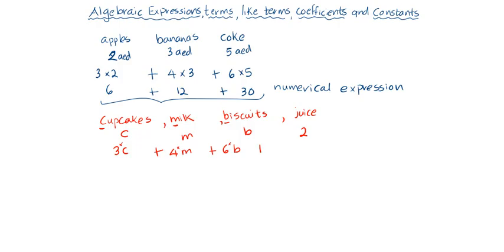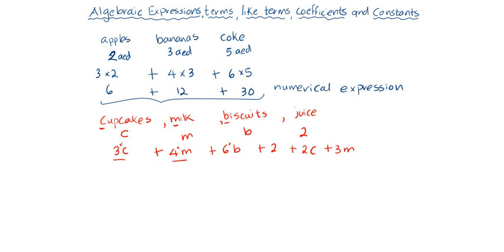Plus I'm buying 1 of the juice bottles, so I'll just say plus 2. But now my brother wanted 2 more cupcakes, so we'll say 2C. And for the milk, we want to add another 3 milk, so plus another 3M.